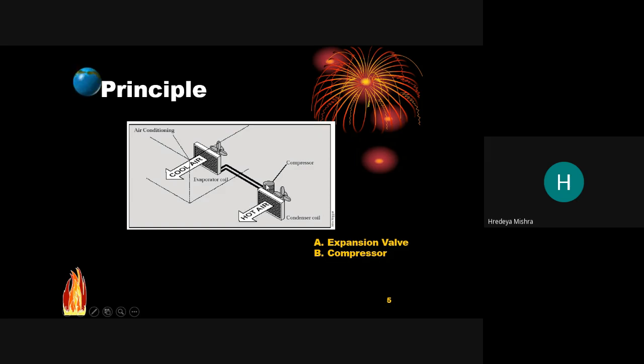Okay, there is our compressor, and here is also a compressor which compresses and condenses the air to get cool air, and the hot air present in the room goes through these fans to the outside of the room.